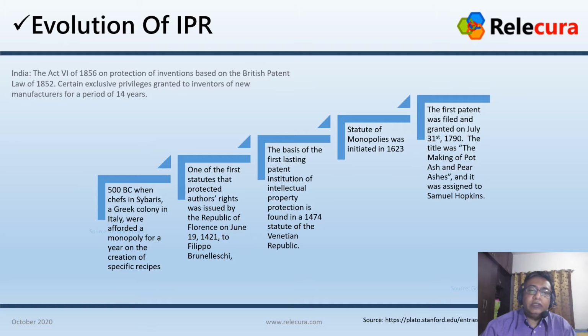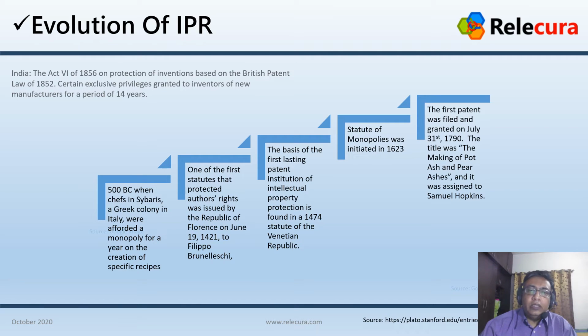So it all started from there, and there are some important instances related to the Statute of Monopolies, or you can say the Venetian Republic statute, and even the Republic of Florence on June 19, 1421. Then it reaches the era where the first patent was filed and granted on July 31st, 1790.